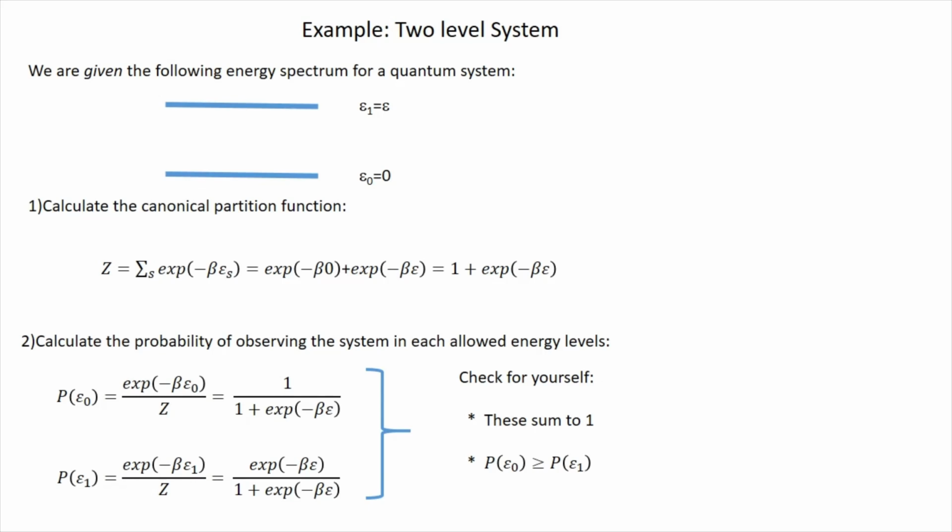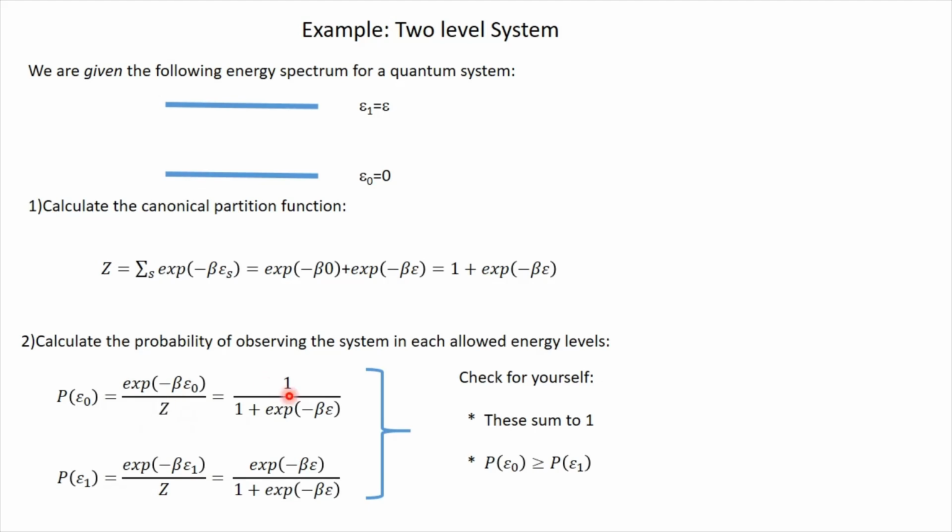All right. So after we've got the partition function Z, which was really easy, one line, being overly explicit with the e to the minus 0 term, we can calculate the probability of observing the system in each of the possible allowed energy levels. So the probability of being in the ground state is the ground state Boltzmann factor divided by the partition function.